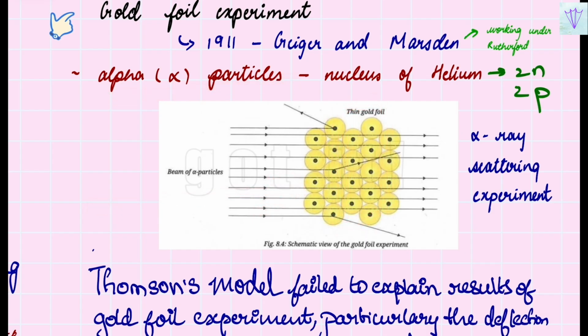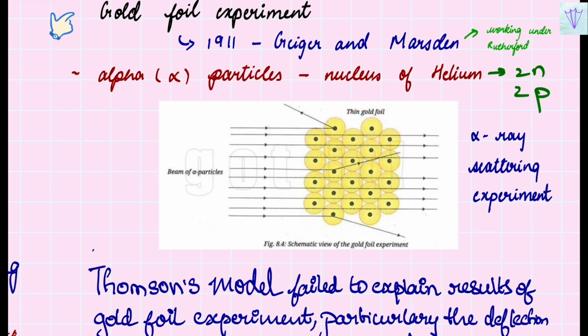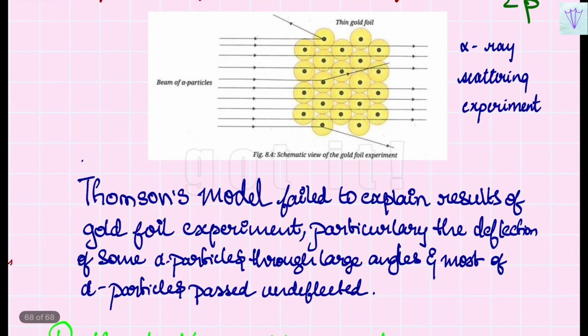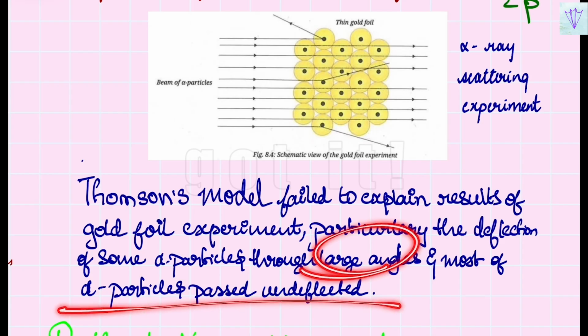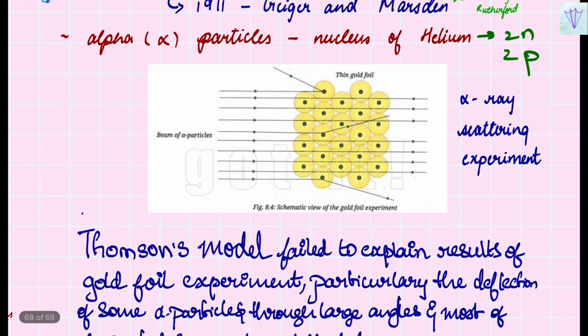They thought most would go with slight deviations or go undeflected. But to their surprise, Thomson's model failed to explain the results, particularly the deflection of some alpha particles through large angles, while most alpha particles passed undeflected. Because of the deflections, known as scattering, this experiment was later called the alpha ray scattering experiment.